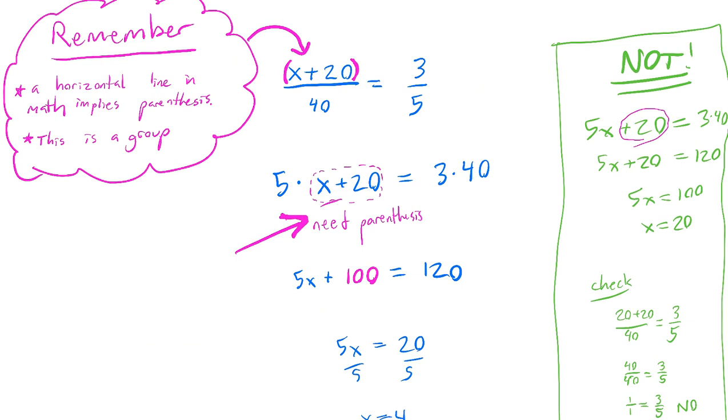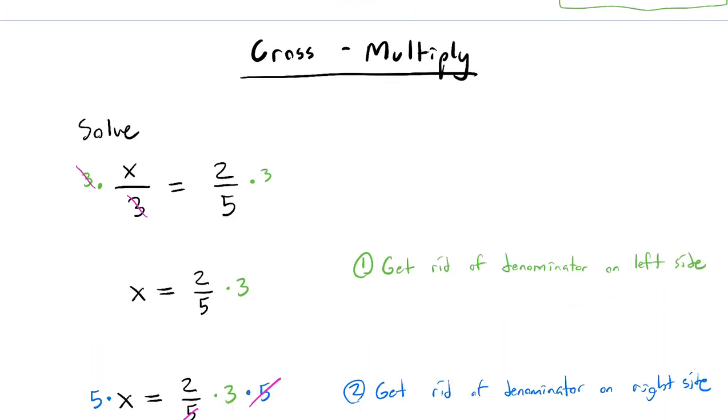The common mistake is that people don't put parentheses, and then they just get the 5x plus 20 rather than 5x plus 100. So I'm going to show you how to solve proportions in a second, but I just wanted to remind you that anytime we have a vertical line, everything above is in parentheses, everything below is in parentheses. Okay, that's it.